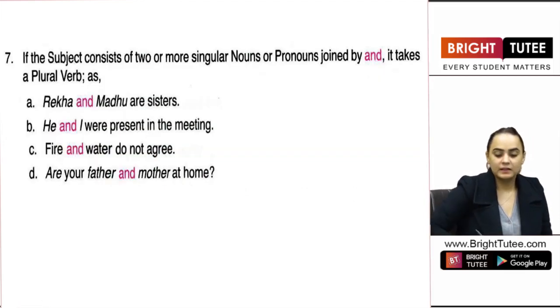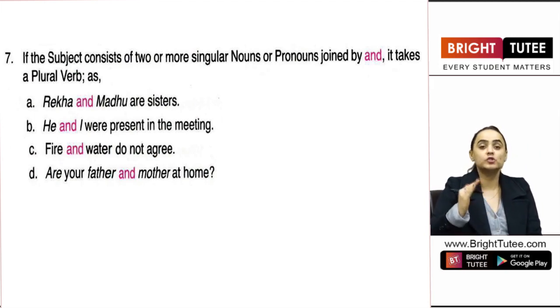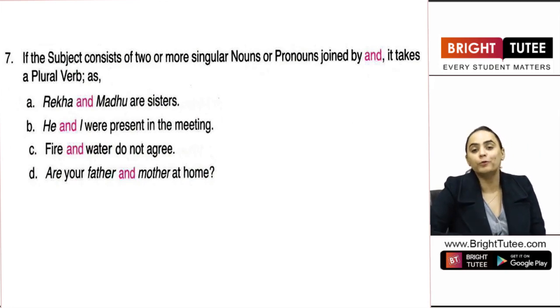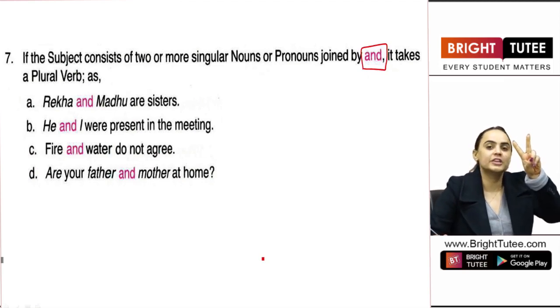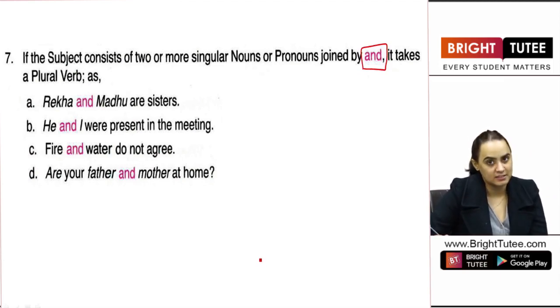Now, the next rule says, if the subject has two or more singular nouns or pronouns which are joined by "and." Two singular nouns or two singular pronouns joined with each other using "and." In that sentence also, the verb will be plural in nature.